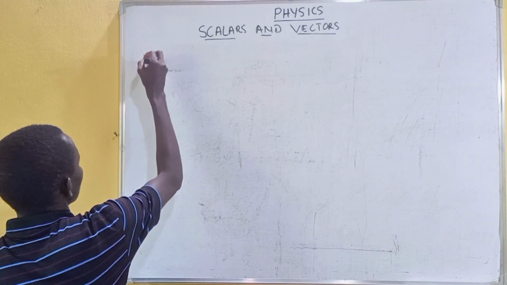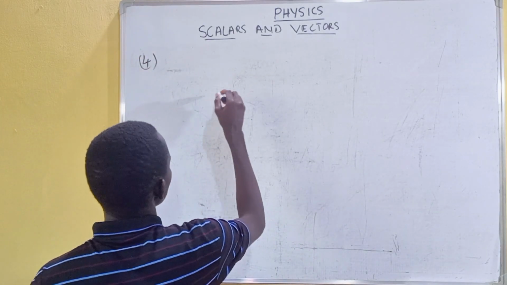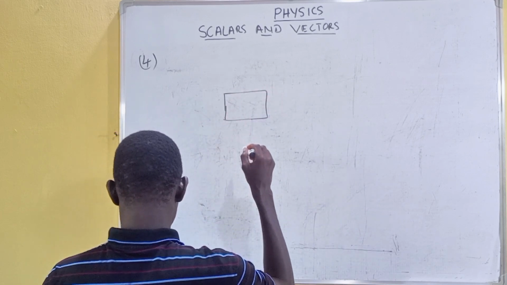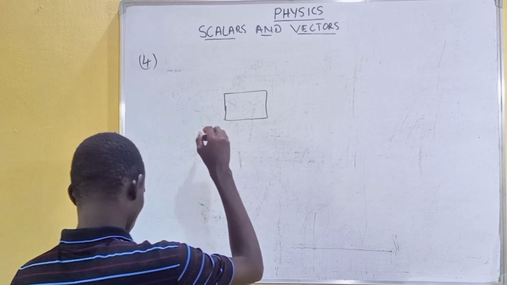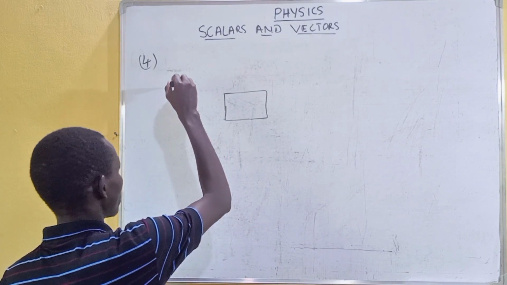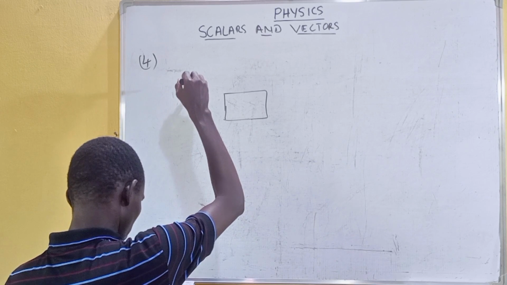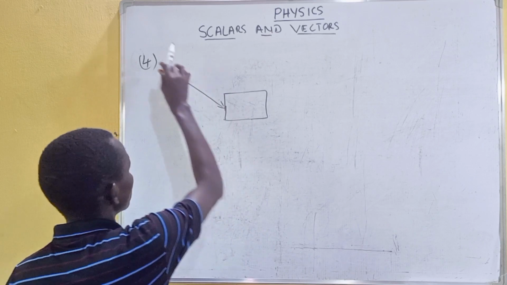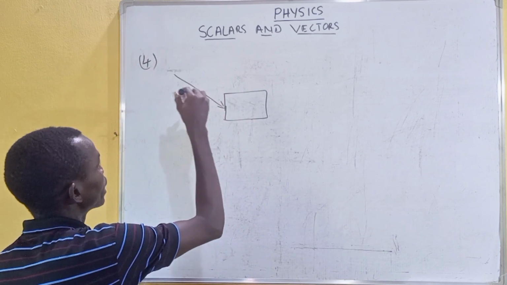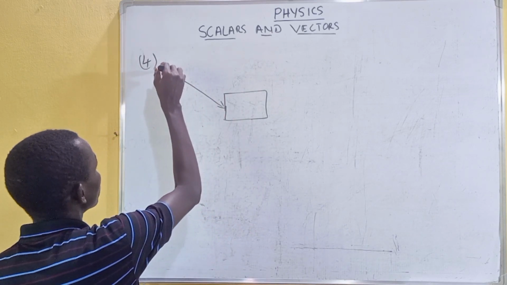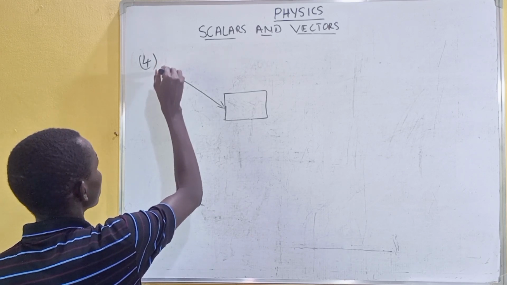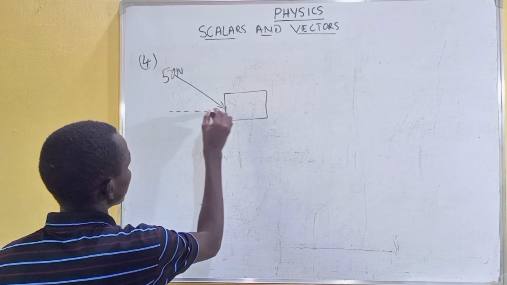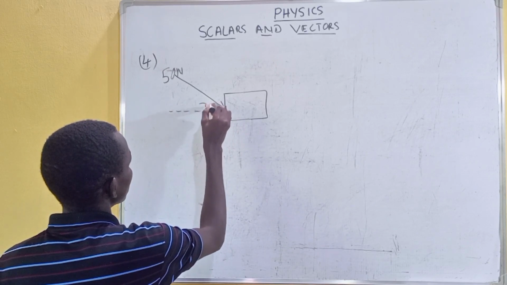Question 4. If this is the lawnmower, and the force to push the mower is at an angle theta to the ground, since it's pushing it, this will be the direction of the vector, equal to 50 Newton, at an angle of 30 degrees to the horizontal.